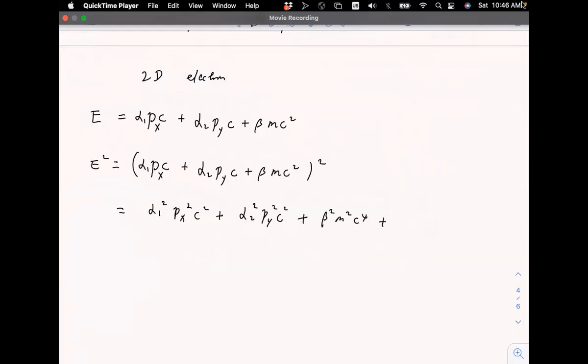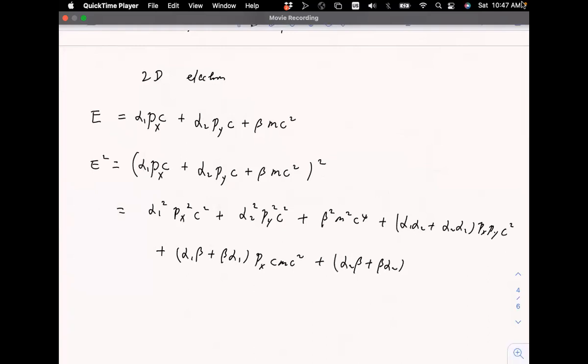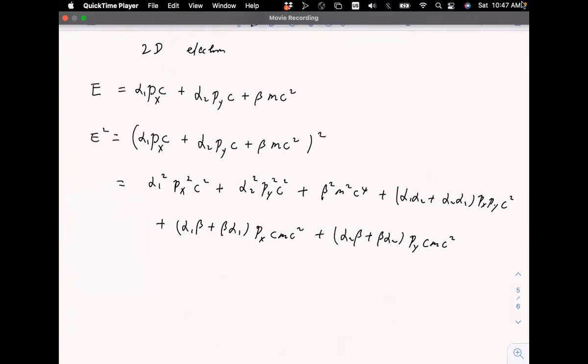Then you're going to have different combinations: px py, and then plus px c mc square, and then py c mc square. So in order to make it recover, you want this to go to 0.